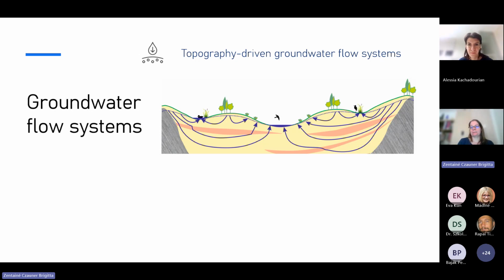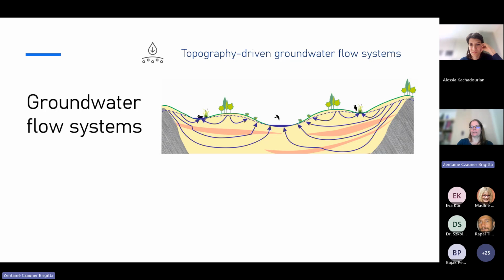Now let's see how we can apply this definition to the different types of groundwater flow systems. We know that in all terrestrial sedimentary basins and also outside of the basins, actually everywhere, we can find topography-driven groundwater flow systems from the land surface down to even some kilometer depths. And these flow systems have replenishment.